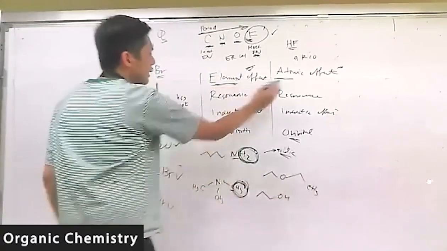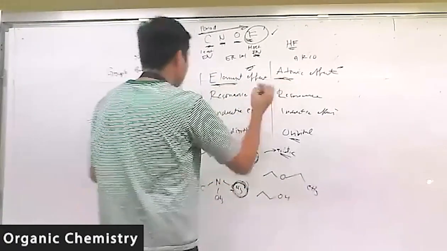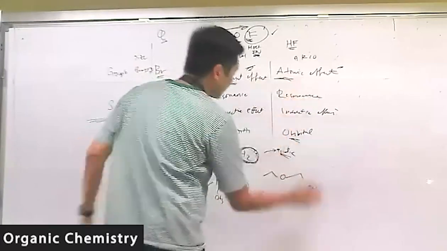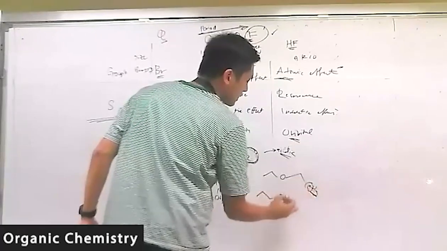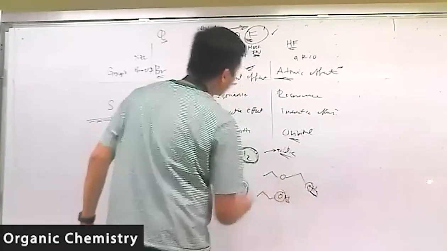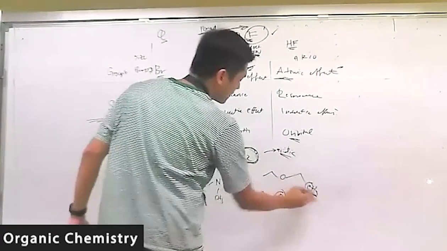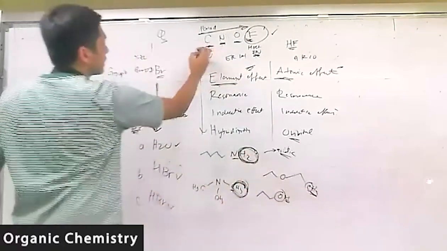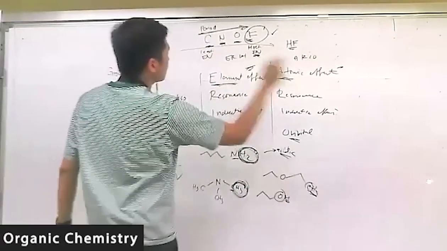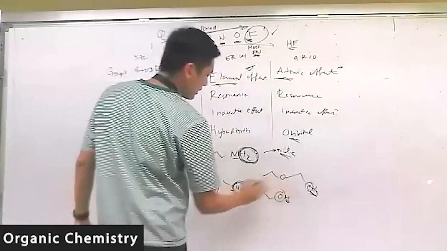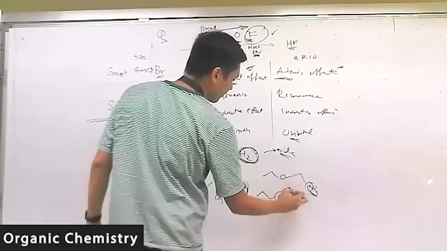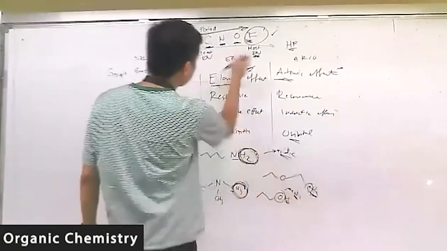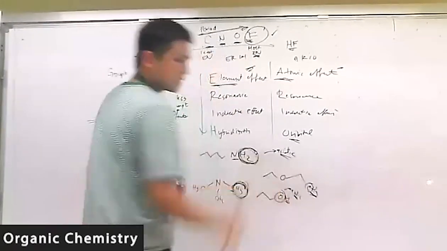Again, we're comparing the element or atomic effect. The H here is nakakabit sa C, and the H here is nakakabit sa O. Again, we look at the period. It goes across, right. O is to the right of C. Hence, the more acidic one is this one.